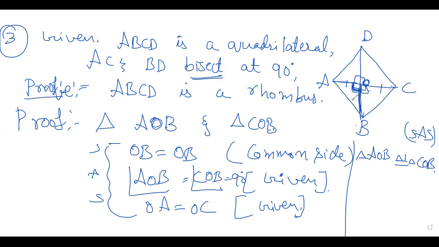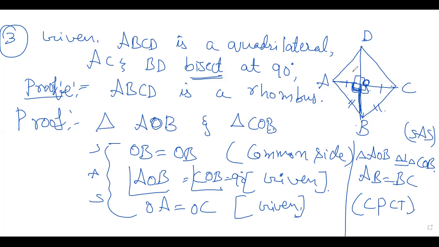Then can you write AB is equal to BC? Yes, we can write AB is equal to BC. What should we write? Yes, it is CPCT. By CPCT, we can say AB is equal to BC. Understood, children? See, AB is equal to BC.